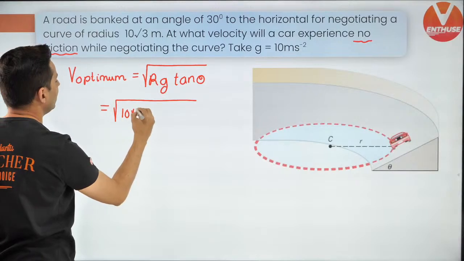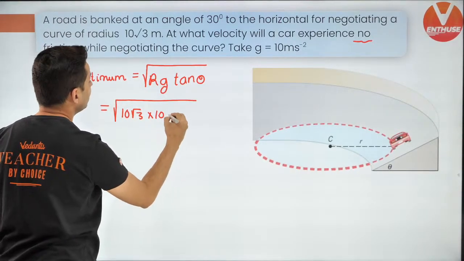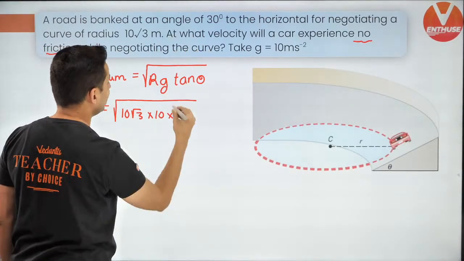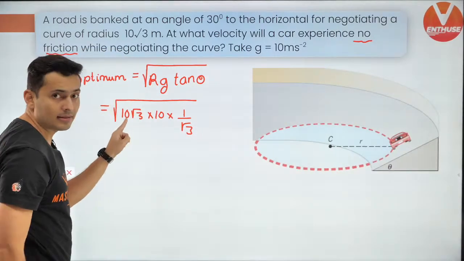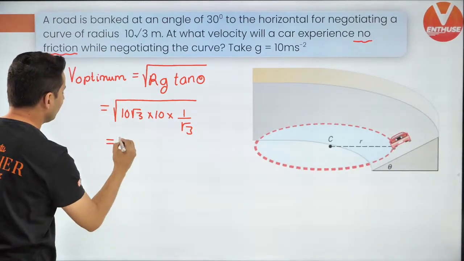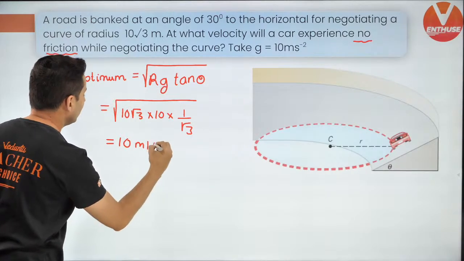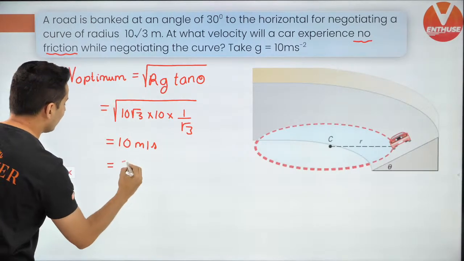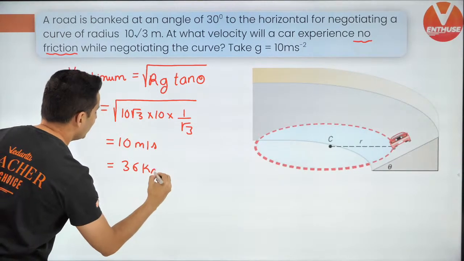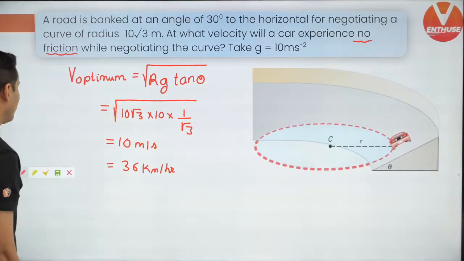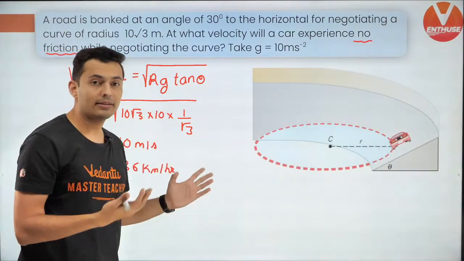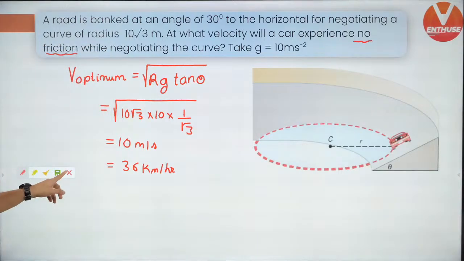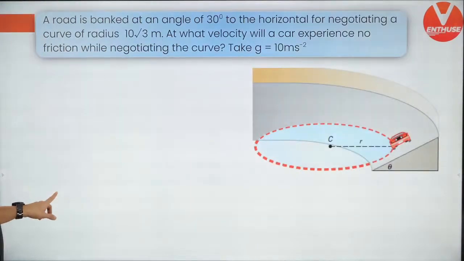Radius 10√3, value of g 10, tan 30 is 1 by root 3. Root 3 goes, 10 tens are 100, 100's root is 10, but this will be in meters per second. The final options were in kilometers per hour, so it will be 36 kilometers per hour. That's a direct formula-based question. These are the kind of questions which are in fact asked in JEE Mains, believe me. So you should know the formulas. That's the final answer.